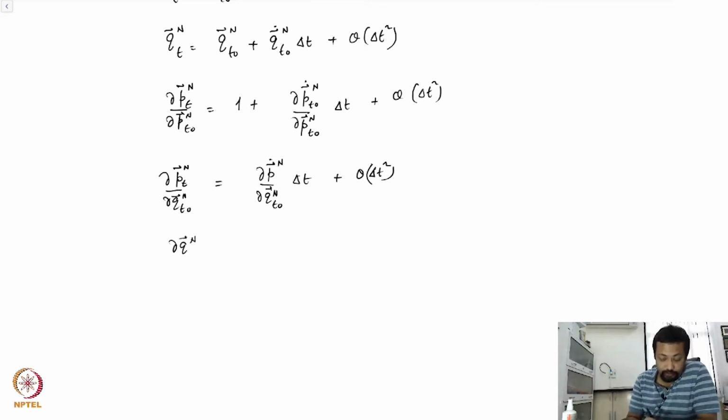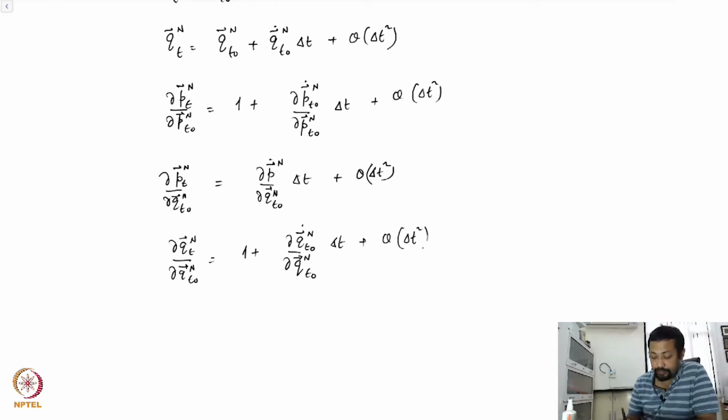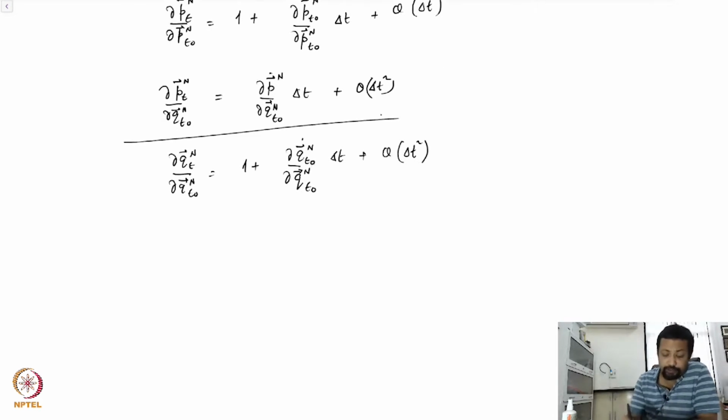So ∂QN(t)/∂QN(t0) is going to be 1 plus ∂Q̇N(t0)/∂QN(t0) delta t plus order delta t squared terms. There is no dot here, so one has to be careful. And therefore one can also write down the corresponding term for ∂QN(t)/∂PN(t0), right?